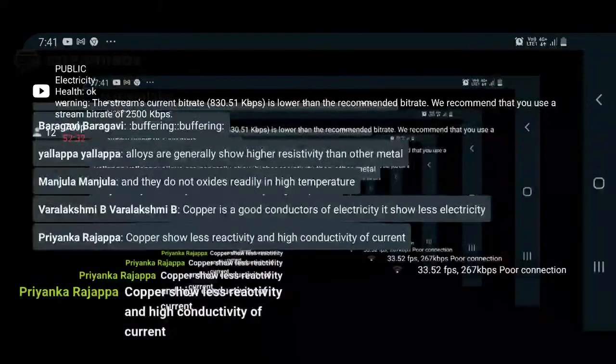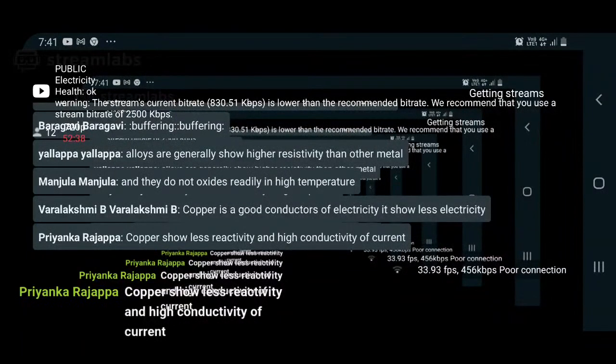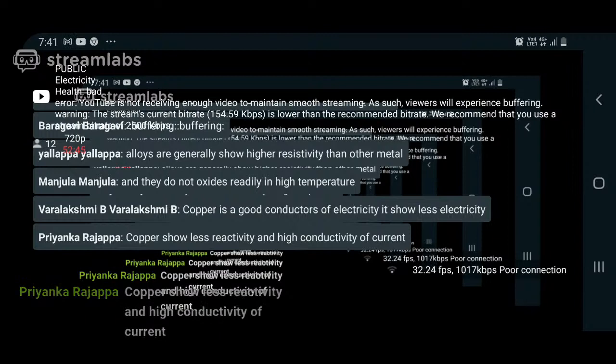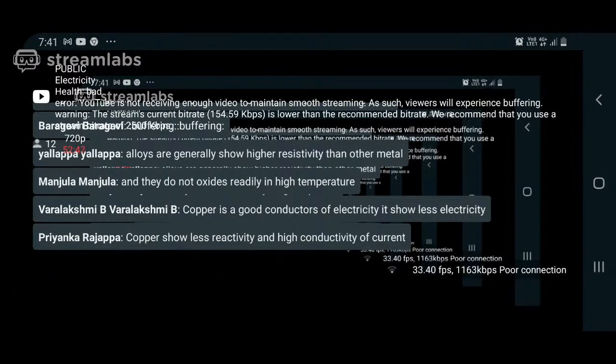It is a good conductor and what is that? Shows less electricity. If it is a good conductor, how come it shows less electricity? Yes, Priyanka answered correctly. Copper shows less resistivity and hence it shows high conductivity of electricity. Good, Priyanka.